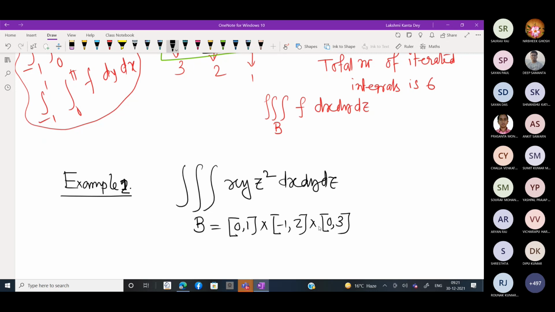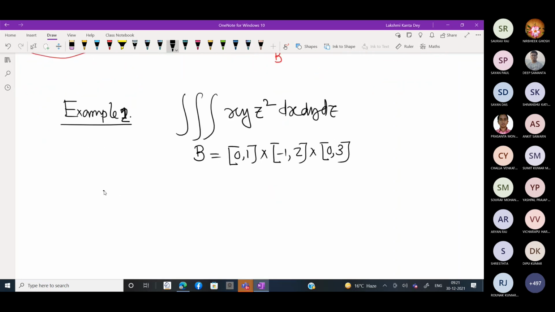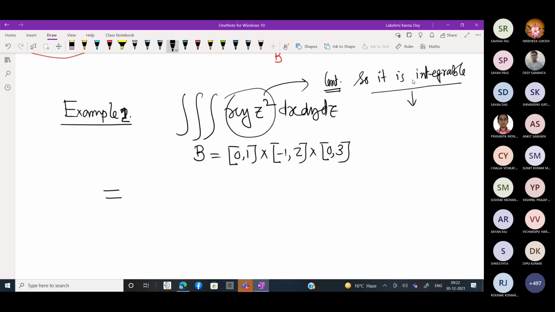Okay, so this is your triple integration. I can write this as one of the iterated integrals. Look at that, this function is continuous, so it is integrable. So we can use Fubini's theorem. Even if it is continuous, we are in a very strong situation.